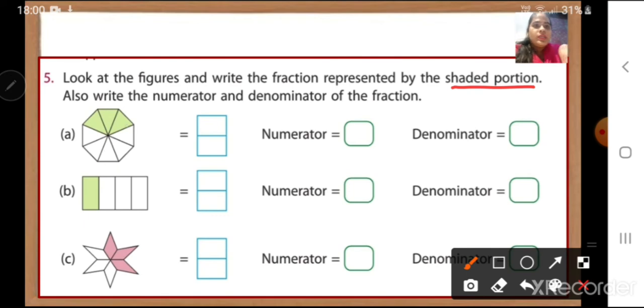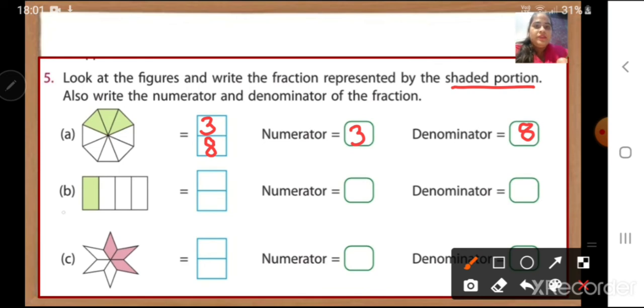In figure A, how many parts are shaded? 1, 2, 3. So the numerator is our shaded portion, 3. And how many total parts are there? Count everyone. 1, 2, 3, 4, 5, 6, 7, 8. So there are 8 total parts. So we'll write 8 in the denominator. So it is 3 upon 8.